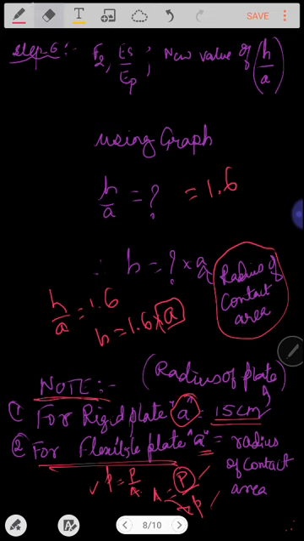What I told you is that a is going to be calculated by the square root of this value divided by pi. Once again, I would like to show you the calculation for how a has to be calculated separately if it has not been given in the problem.